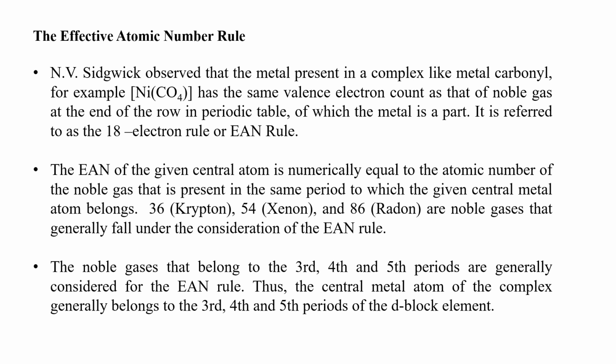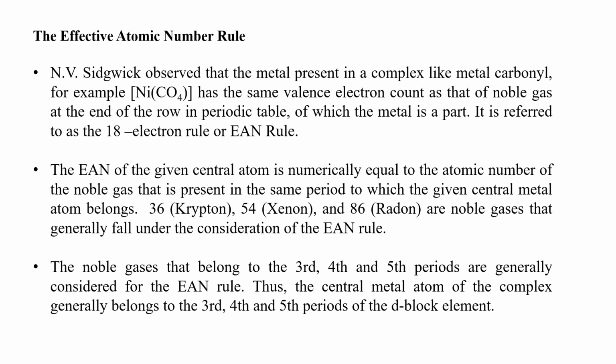Say for example, the noble gas series krypton, xenon, radon: 36, 54, 86, these are all effective atomic numbers. So the metal ion which belongs to a particular series will try to attain the number of electrons present in the noble gases of that series, right? So the number of electrons or the atomic number of the noble gas of that series is called its effective atomic number.